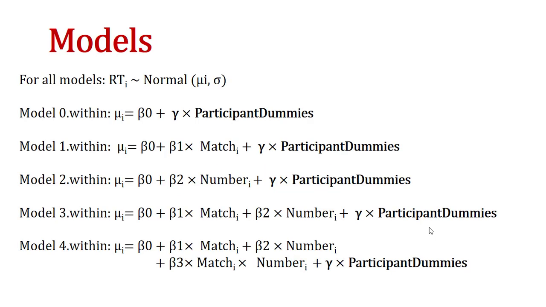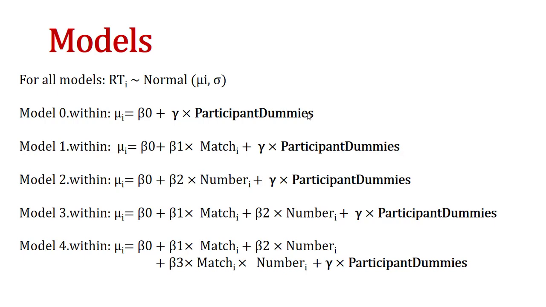We've got four models, and these are very similar to the ones we used in the between subjects model comparison, except that now we add the participant dummies. I explained the participant dummies when we analyzed the case of one nominal variable affecting one numerical variable within subjects.